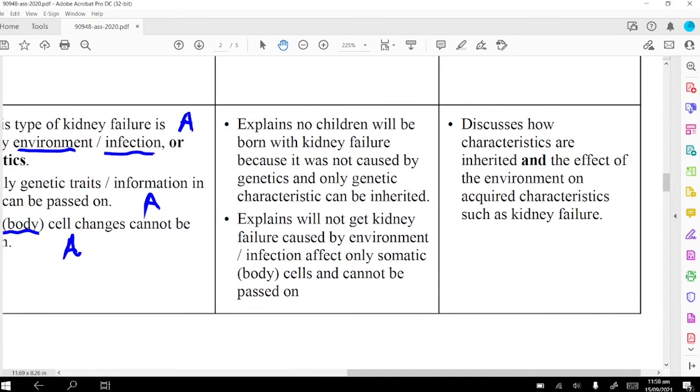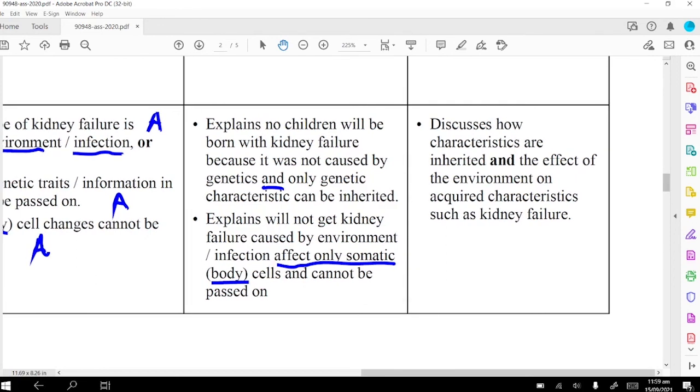Explain that no children will be born with kidney failure because it was not caused by genetics and only genetic characteristics can be inherited. So see there, won't be passed on and only genetics can be inherited. Your second M explains how they will not get kidney failure because it was caused by the environment or an infection, because they only affect somatic or body cells and not gametes, and somatic and body cells cannot be passed on.